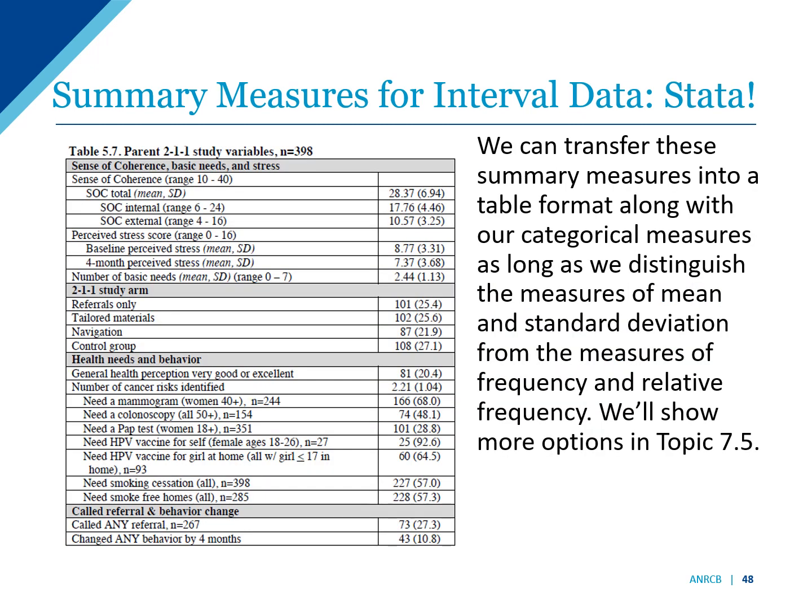We can transfer our summary measures into a table format along with our categorical measures, as long as we distinguish the measures of mean and standard deviation from the measures of frequency and relative frequency. And we'll show more options like this in topic 7.5. But you can see here where the sense of coherence scale at the top of table 5.7 reports on means and standard deviations and contains ranges for subscales.